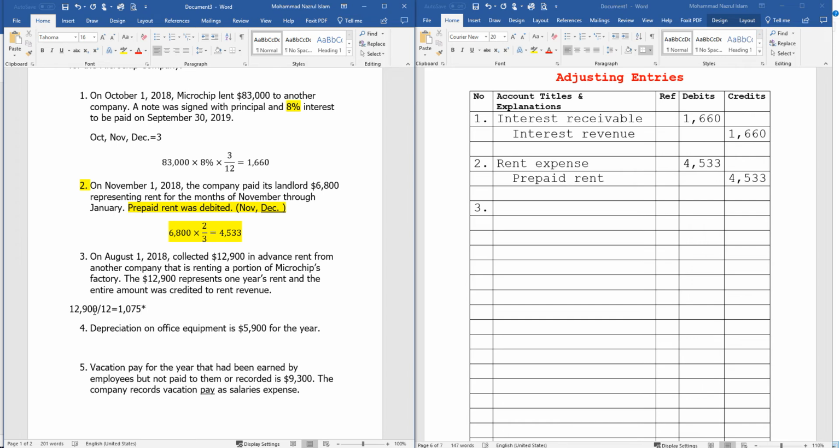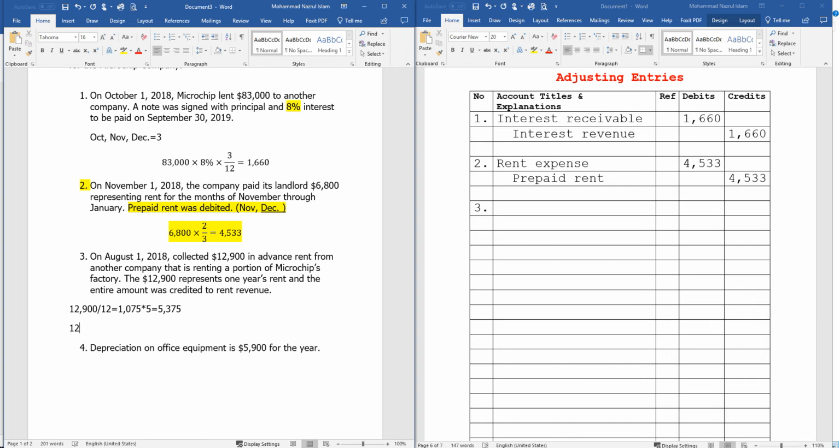So multiplied by 5 because from August, September, October, November, December, 5 months. Okay, so this is the amount of rent revenue we have already earned. So 5,375.